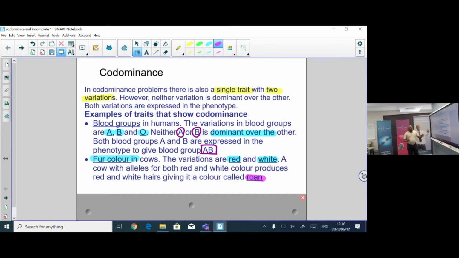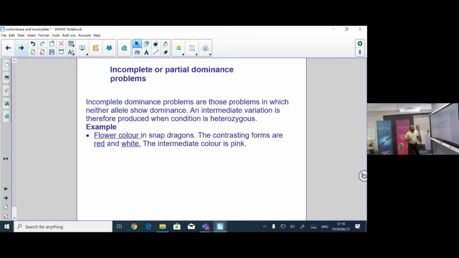You would consolidate this when we come to our genetic problems. All right. I'm sure you're following. Now let's look at incomplete or partial dominance.